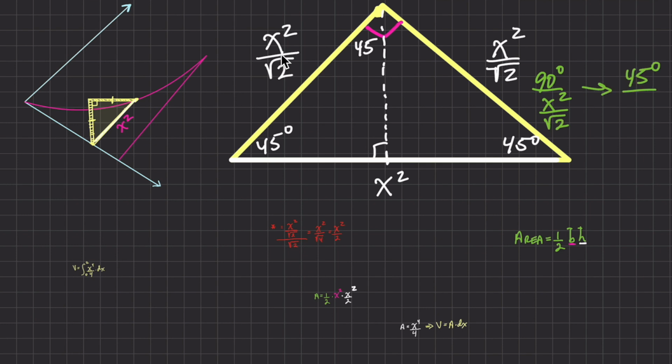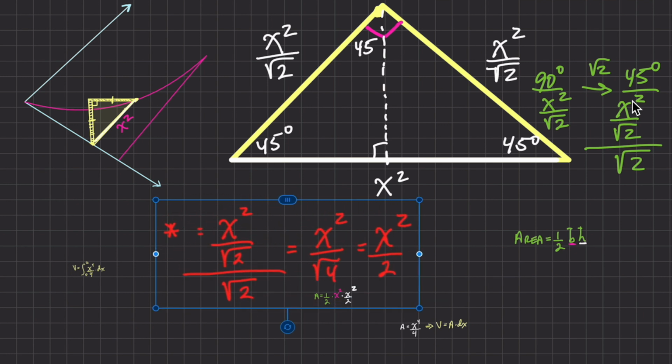The height is opposite the 45 degree angle. So how do we get from a 90 to a 45? We're going to get smaller, so we're going to have to take that x squared over square root of 2 and divide by square root of 2. So when we do that, folks, we get the following for our height.